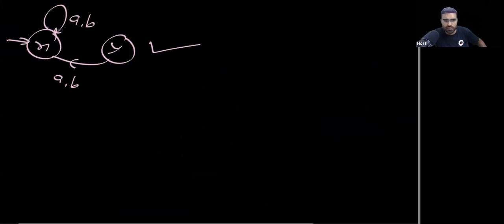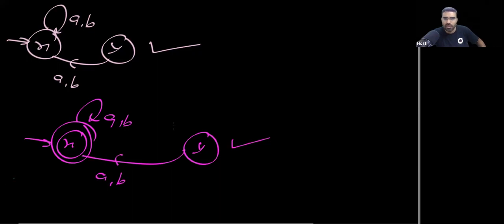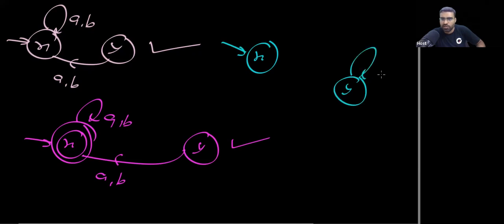Are you getting my point? Yes or no? So you can keep creating the DFAs. For example, this DFA also you can create. These are different DFAs, and this also we have counted. You can create many more DFAs.